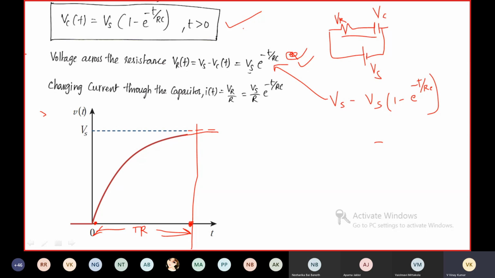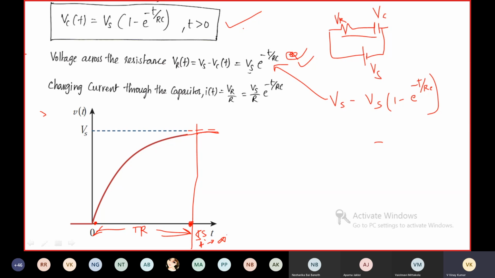The response due to the sudden application of voltage is called transient response. The response after the transient has died out is called steady state response. The steady state will occur when time approaches infinity.